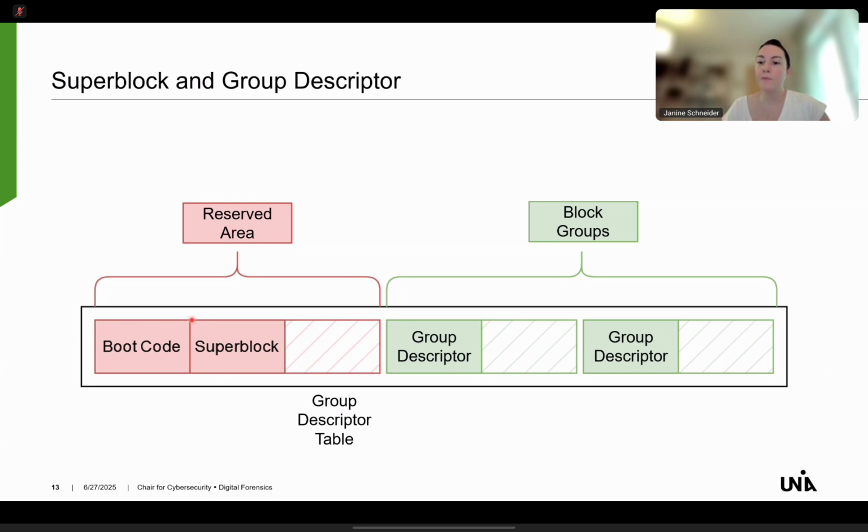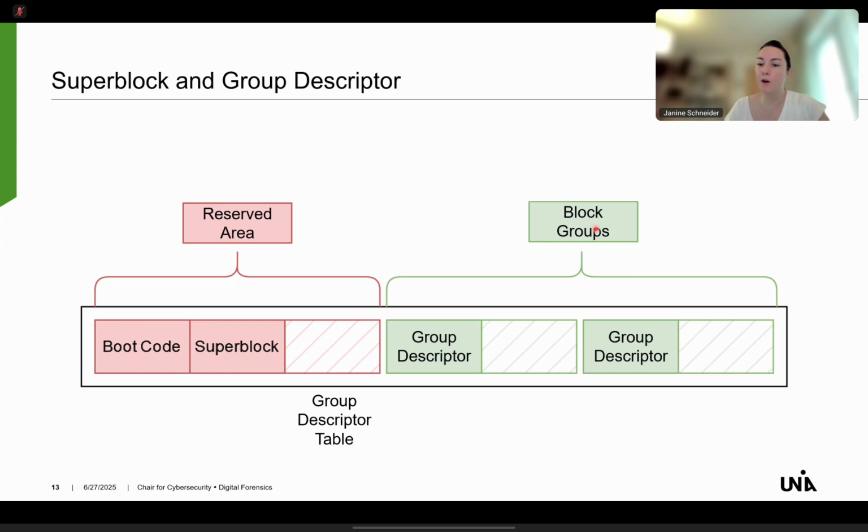And the superblock is 1024 bytes in size, but many of these bytes are unused. It contains, for example, the size of a file system block. So with Ext, we talk about blocks, not clusters. And it gives us information about the total number of blocks in the file system, the number of blocks per block group. We will come to that in a second.